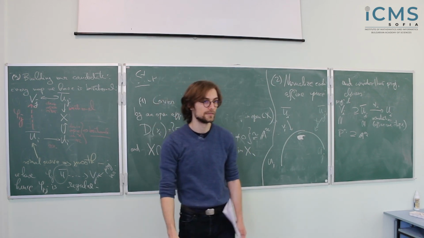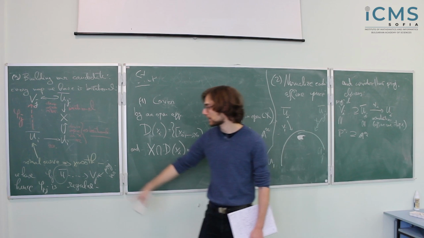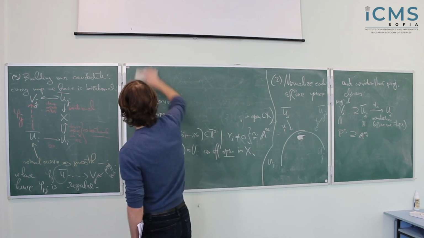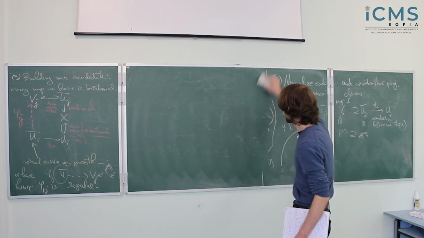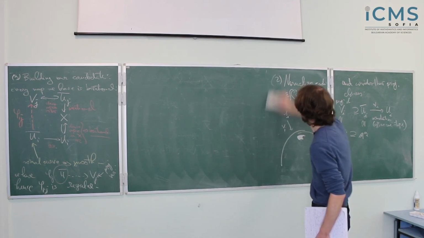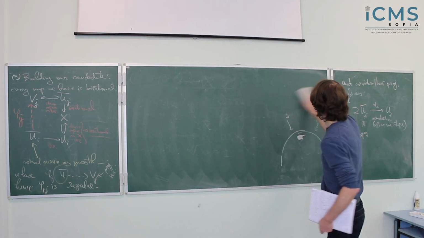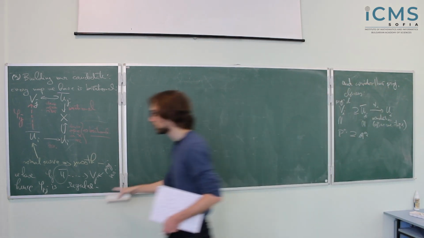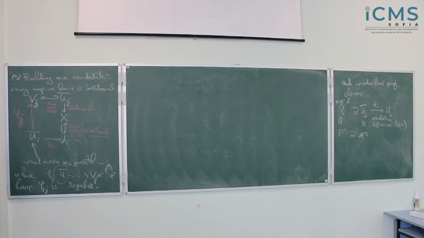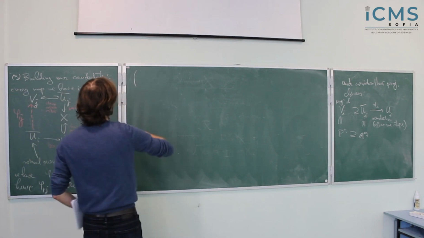Okay, can you repeat this last line of argument? This is the result we established last time about rational morphisms coming from smooth curves.